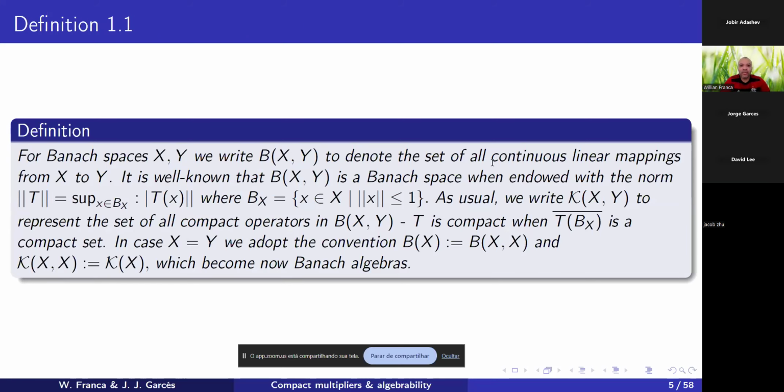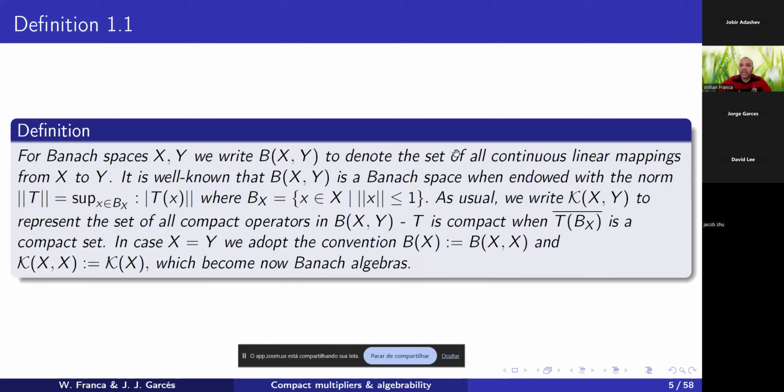It is well known that B(X,Y) is a Banach space when endowed with the so-called sup norm, which is precisely the sup of the norm of T(x), when x belongs to the unit ball of the domain.